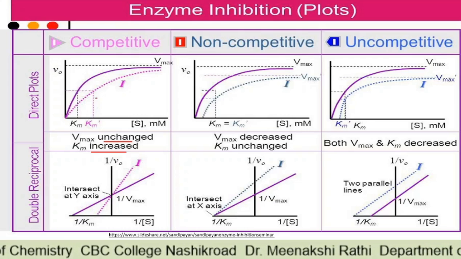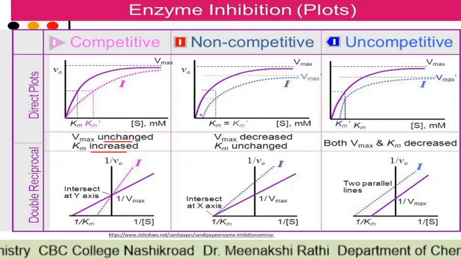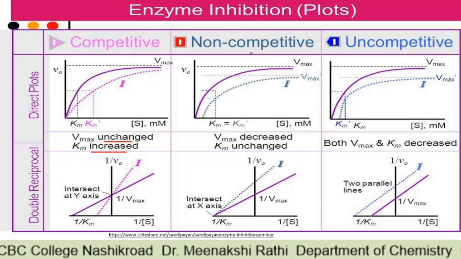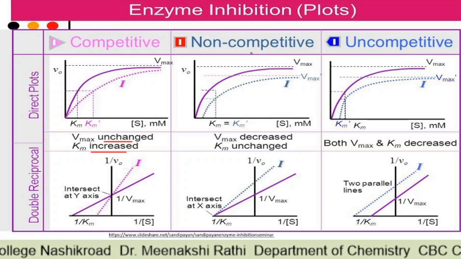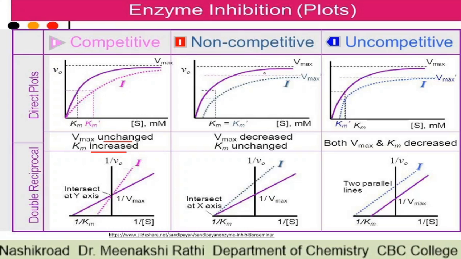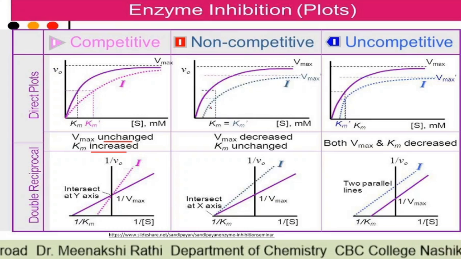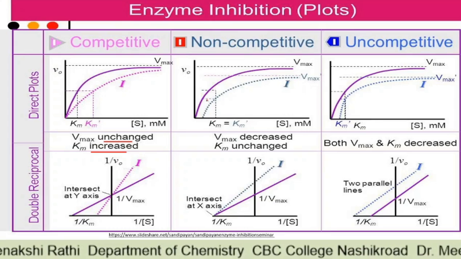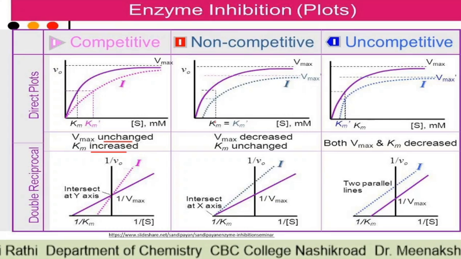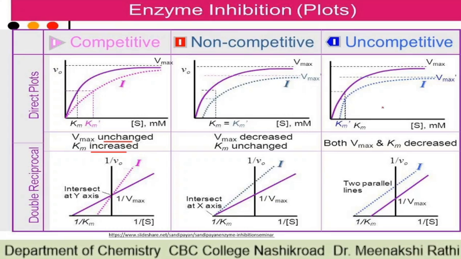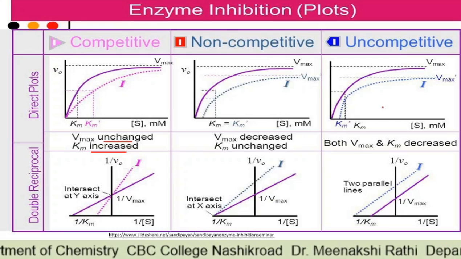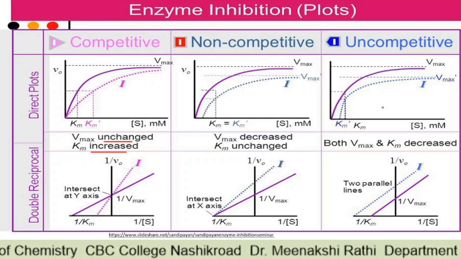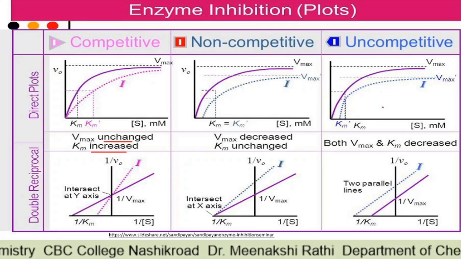When there is non-competitive inhibition, Vmax is decreased when inhibitor is there, but Km remains unchanged, while in uncompetitive inhibition, both Vmax as well as Km are decreased.